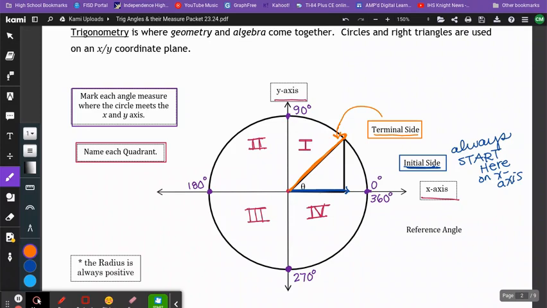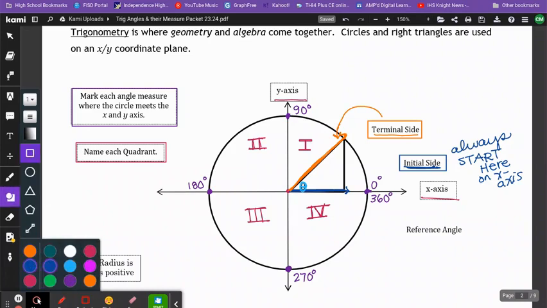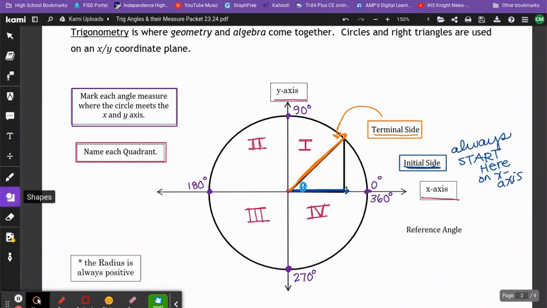So the angle that we're talking about now is called theta. Remember, theta can be moved around. It can be in different places. And in particular, our theta is always used to mark our reference angle. So the reference angle is the angle that we're going to use in order to do any of our trig operations that we learned in our last unit.